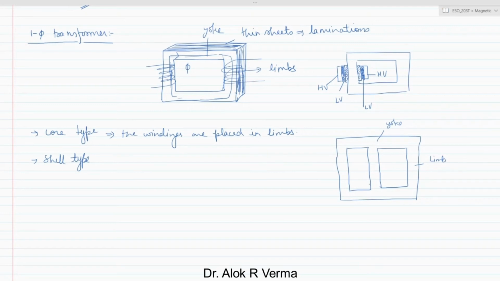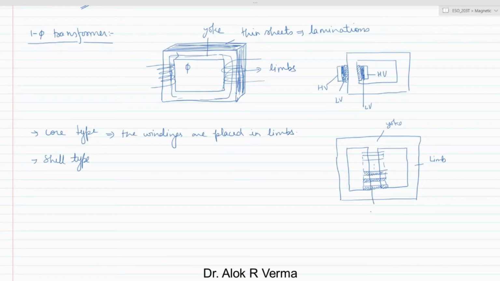So the windings are placed alternately, low voltage and high voltage. Suppose there is one winding, above that one more, and there is such a stack of windings in terms of disks. At the bottom there is a low voltage winding, then high voltage, and again low voltage winding, then high voltage, and then again low voltage winding.